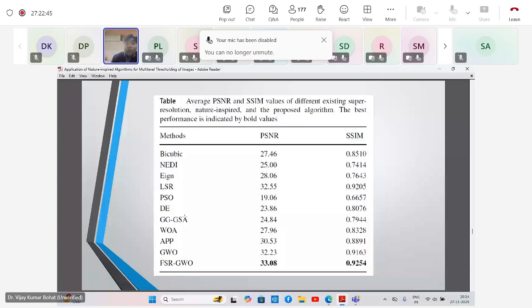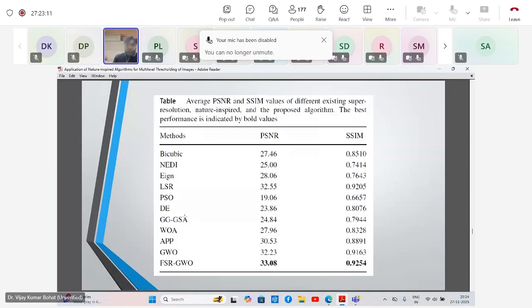With the help of mathematical metrics like peak signal to noise ratio and structural similarity index, which lies between 0 to 1, the same is testified. The best numbers we're able to get are by the GWO variant, FSR-GWO. GWO is also the topper among the basic nature-inspired algorithms.